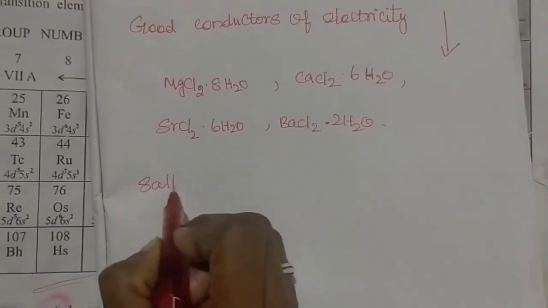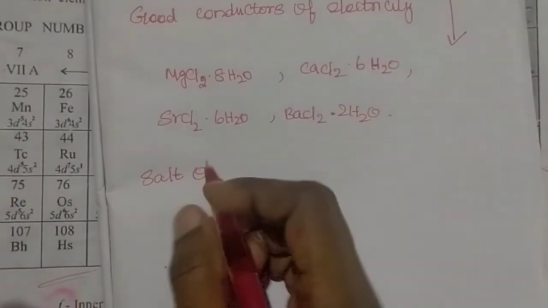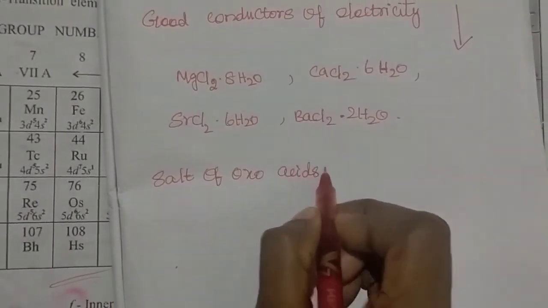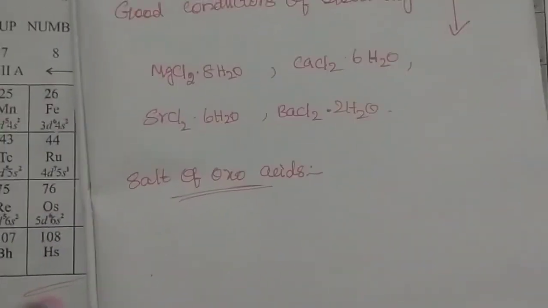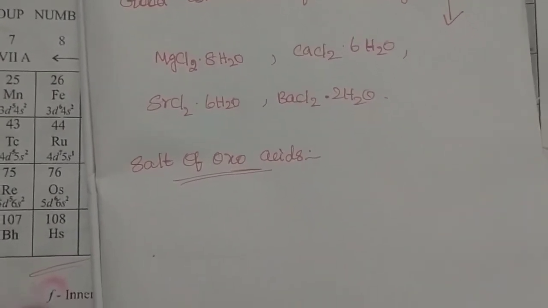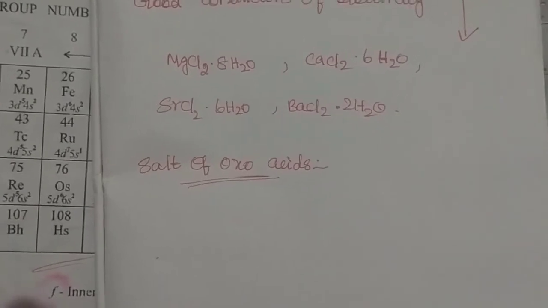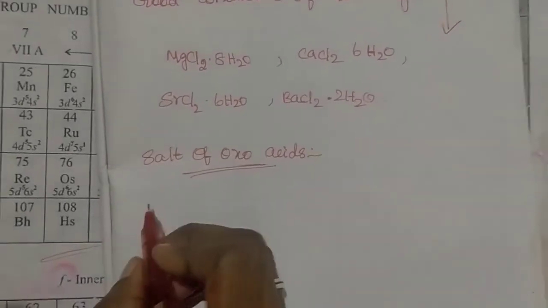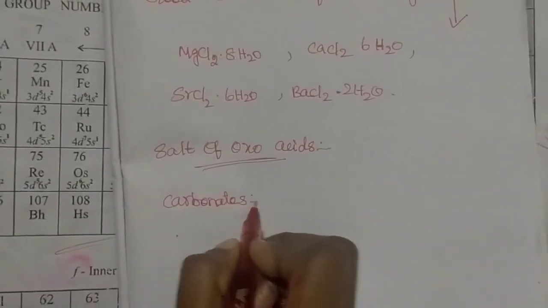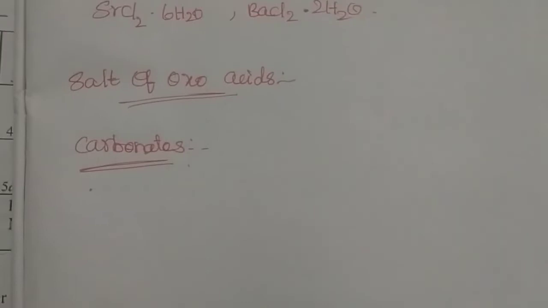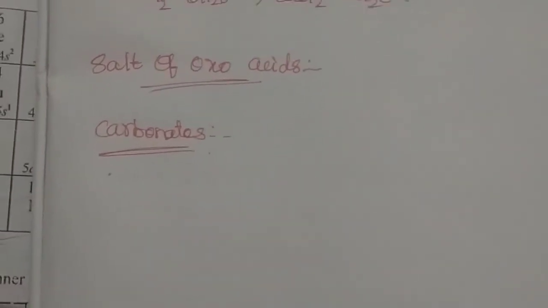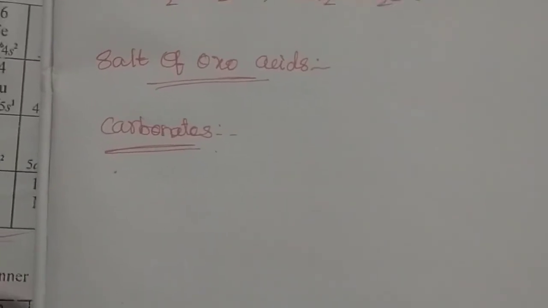Next, salts of oxo acids. What are oxo acids? Carbonate, sulfate and nitrate salts are generally known as oxo acid salts. First, we are going to see the carbonates. All the metal carbonates, that means the alkaline earth metal carbonates, undergo decomposition on heating.